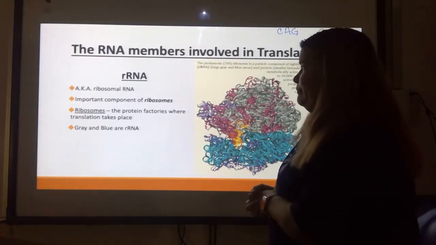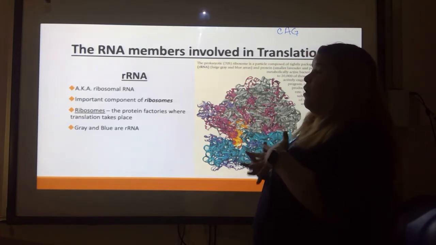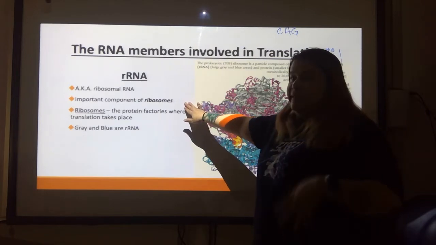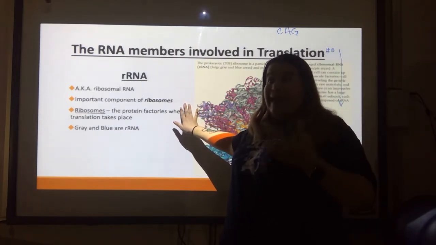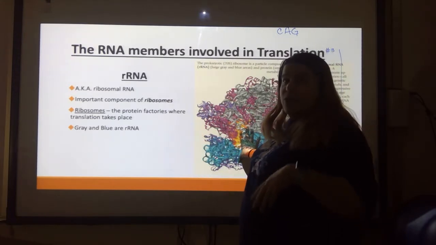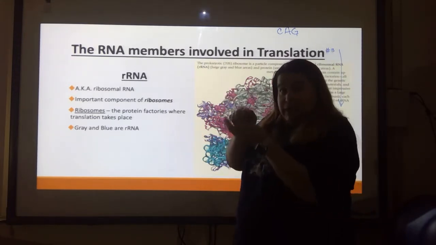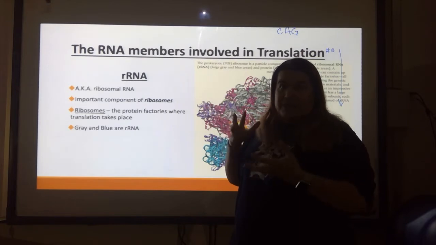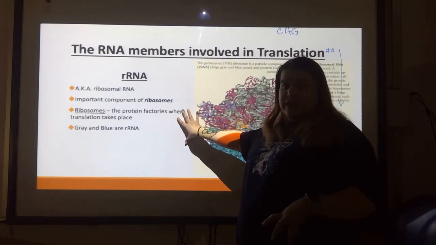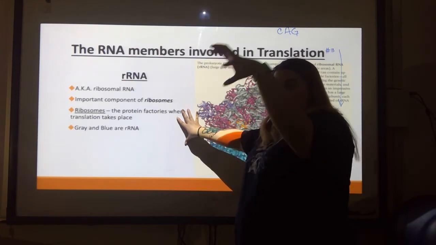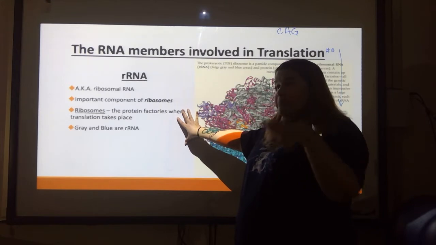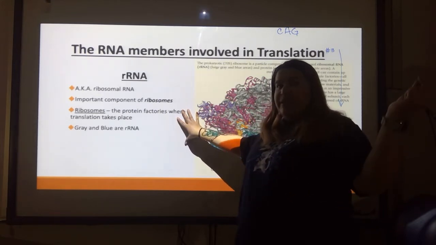Ribosomal RNA. Our ribosomal RNA is a girder in a building. It's actually part of the building material that makes our ribosomes. Remember, ribosomes are the hamburger bun that reads the messenger RNA. Ribosomes are the protein factory where we take our messenger RNA, our notes, and we make it into a sequence of amino acids.